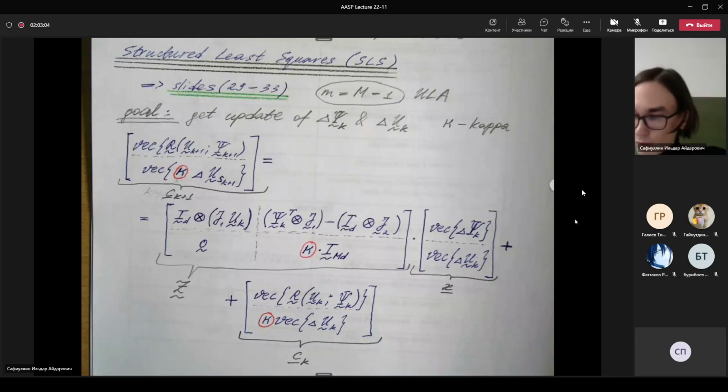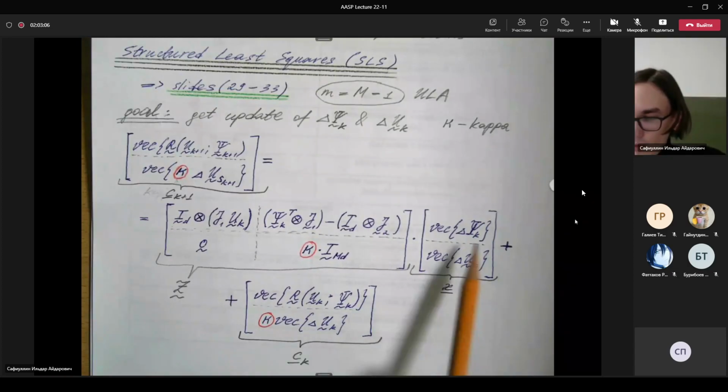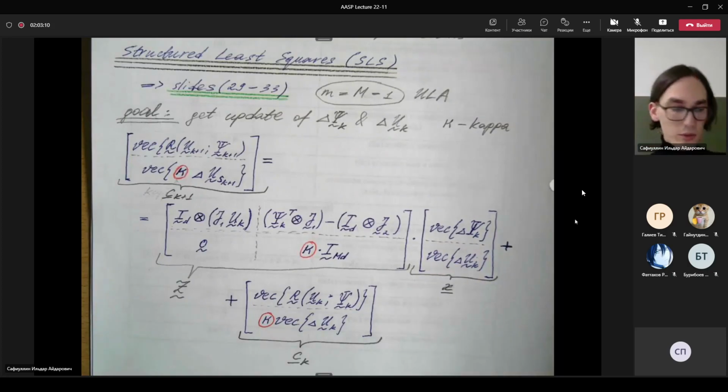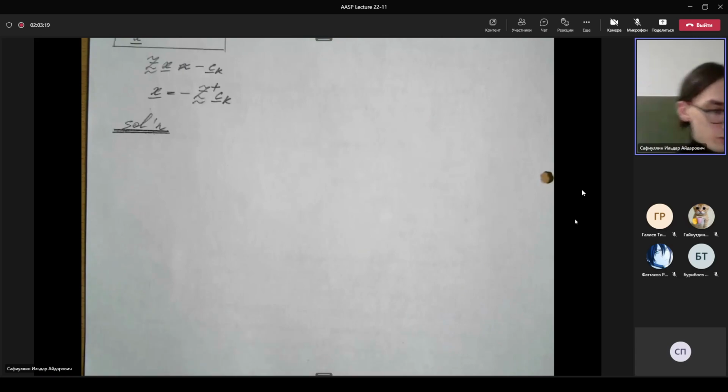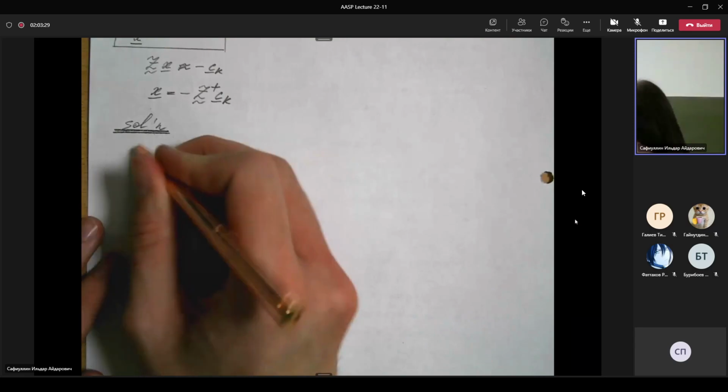So first, we use this short notation to see how we can find a solution to update our delta xi sub k and delta u sub k. And all these things are equal to the following thing here. So one more time, we concatenate vectorizations.